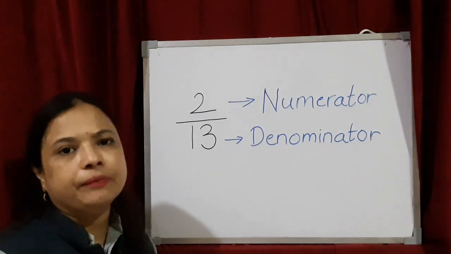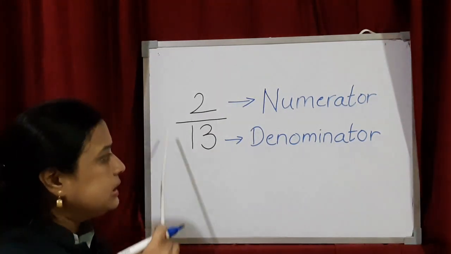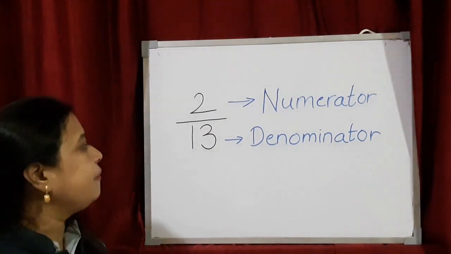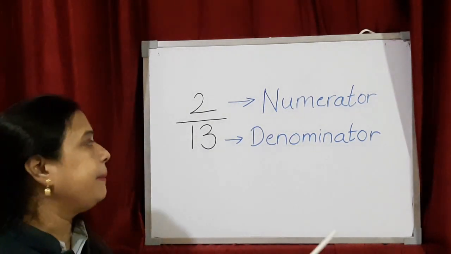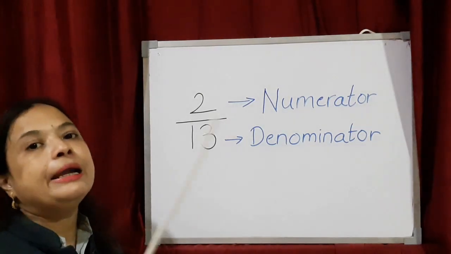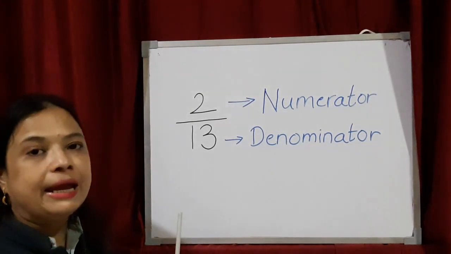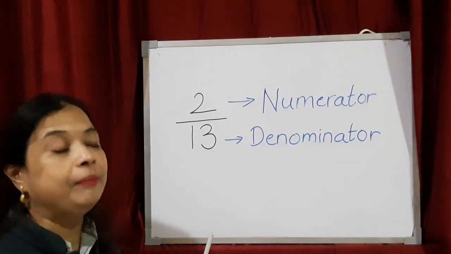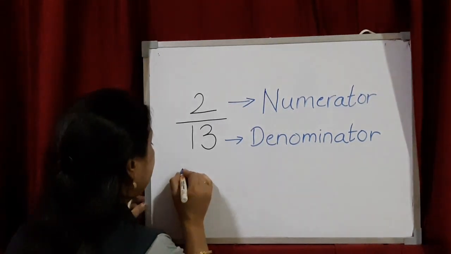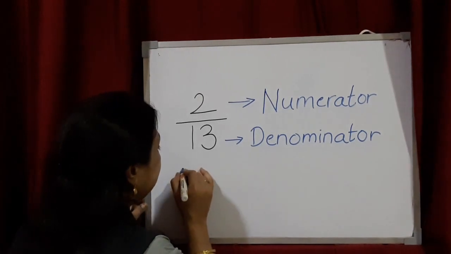What does this mean? When we see this fraction, what does it mean? That from 13 parts, 2 parts are taken. Suppose I am talking about a chocolate bar, Dairy Milk, okay. So suppose there are 13 bars of chocolates over here.